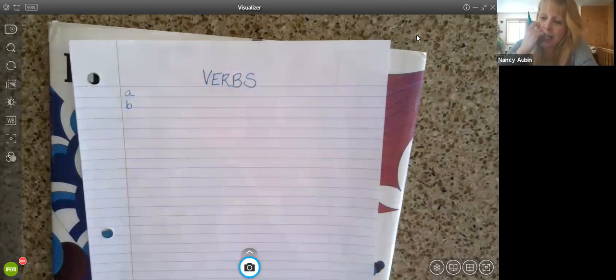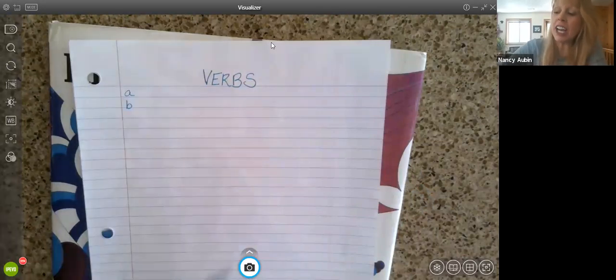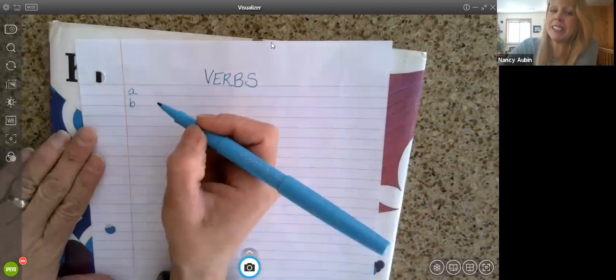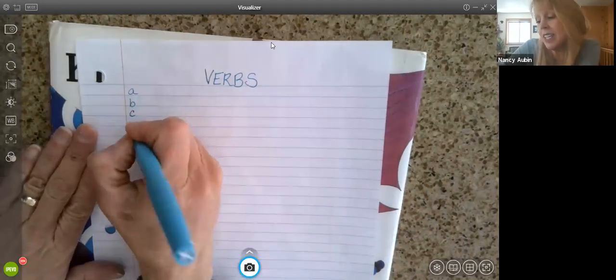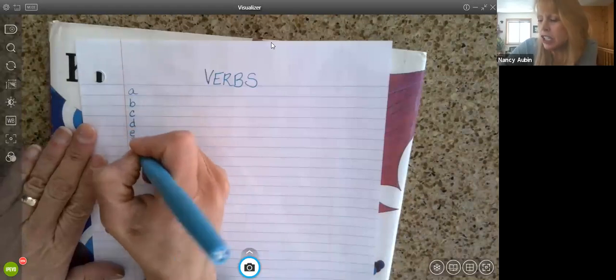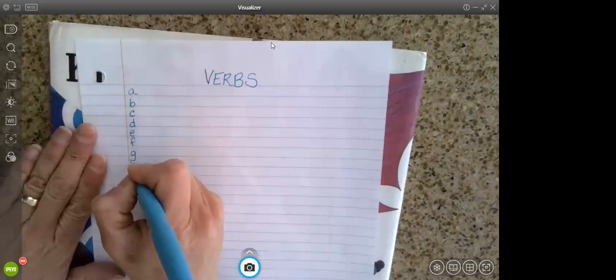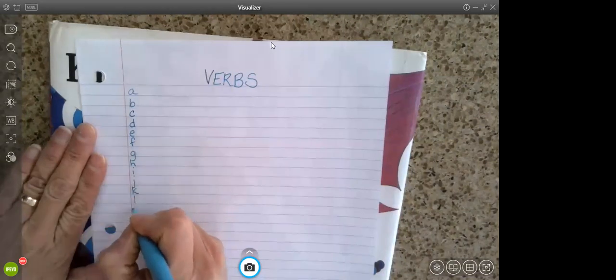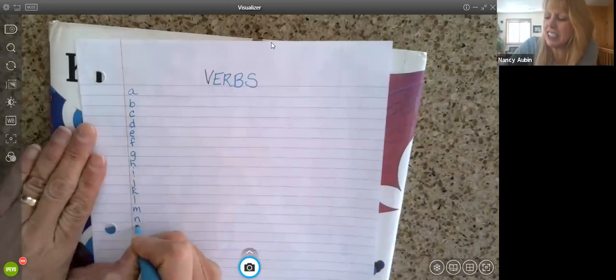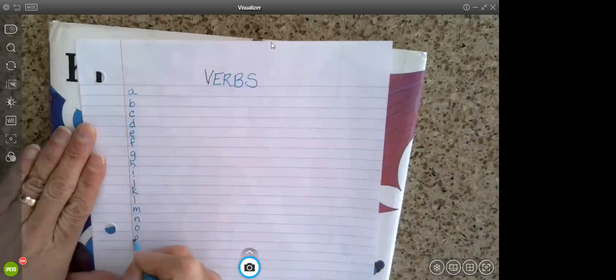And then on the left side of your paper, we are going to write on each line a letter of the alphabet. So I started A, B, just think of your song, A, B, C, D, E, F, G, H, I, J, K, L, M, N, O. Somebody needs to mute.